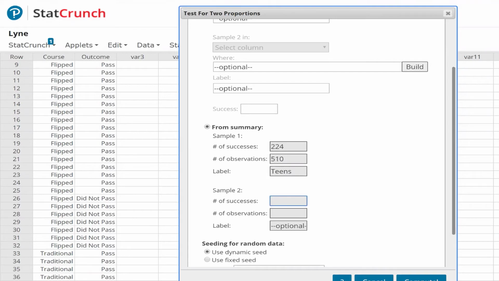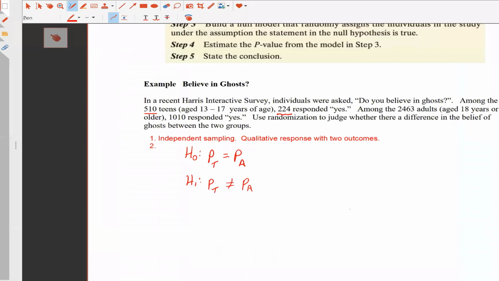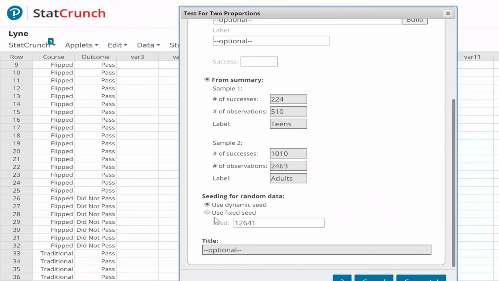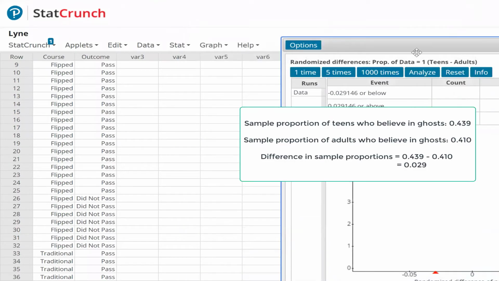And then for my adults, I had 1,010 out of 2463. These are my adults. For the problems you do in my lab, you're going to be using a fixed seed. I'm using a dynamic seed. Click compute.